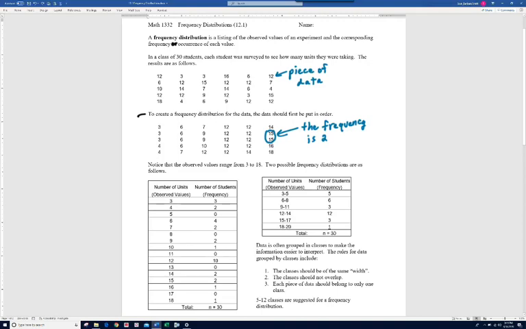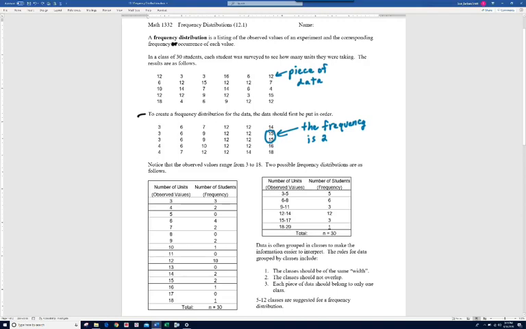We observed 3s, 4s, all the way up to 18 units, and you can see how frequently each value occurred. For example, here you had 3 credit hours, and there were 3 students that had that number of units. Notice if you add all of the frequencies, that should add up to 30, which is the number of students that were polled.